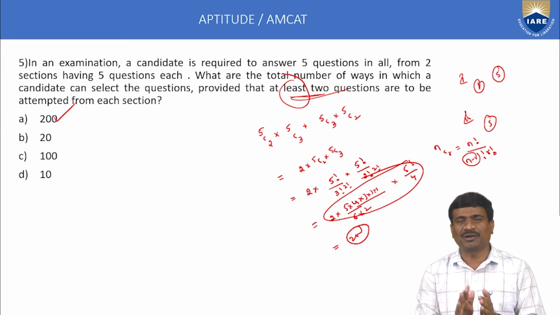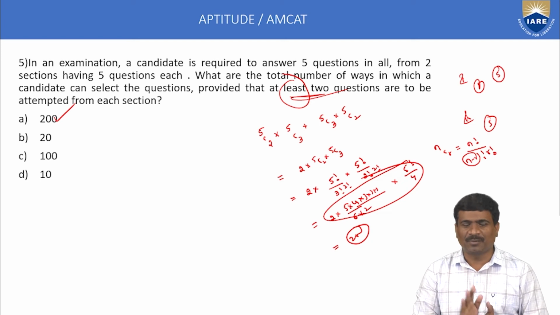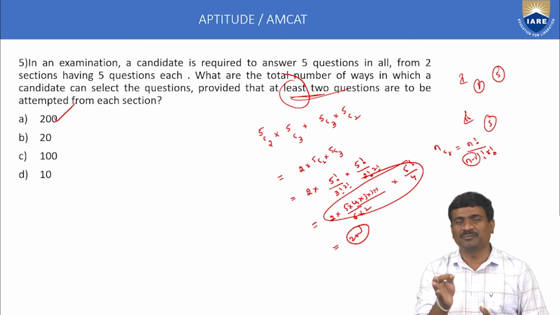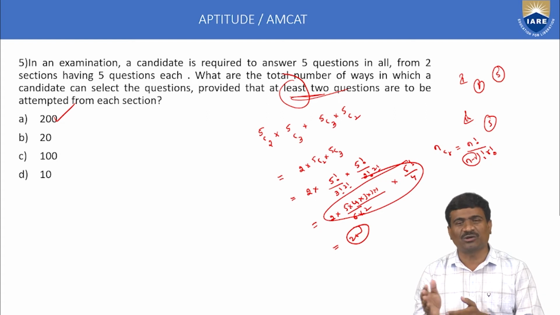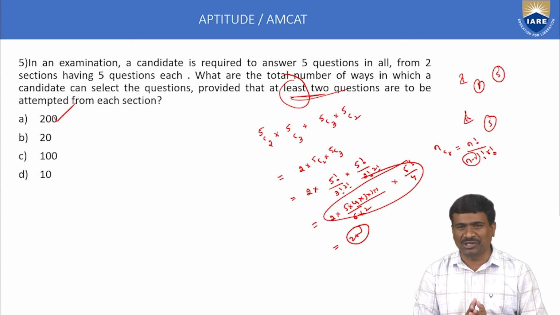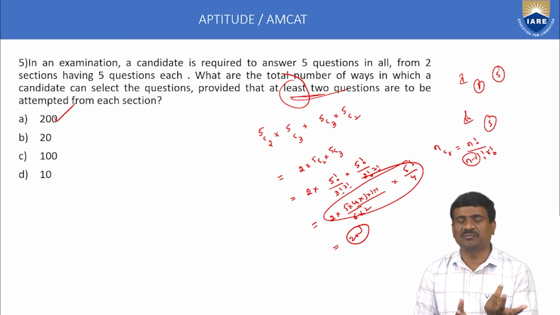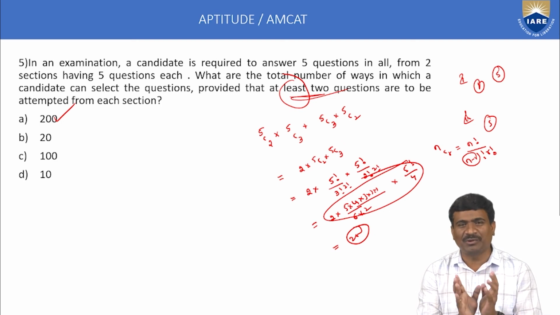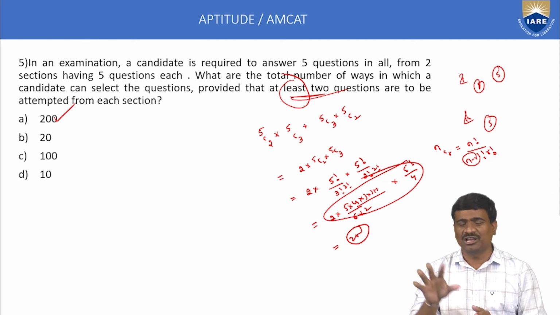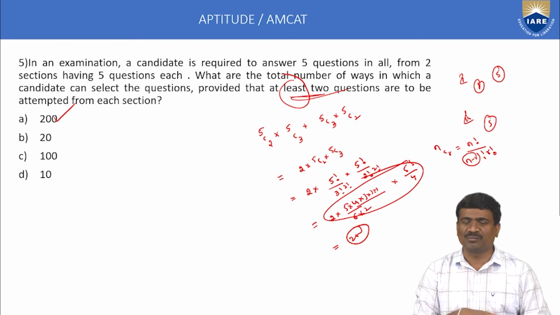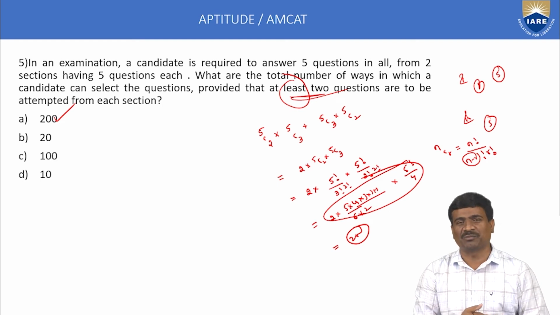Difference between permutation and combination: where order matters is called permutation, where order does not matter is called combination. Suppose consider AB, BA. If reversed, both are different, that is called permutation; both are the same, that is called combination. AB and BA both existing is called permutation. AB equal to BA, where only one exists, is called combination.